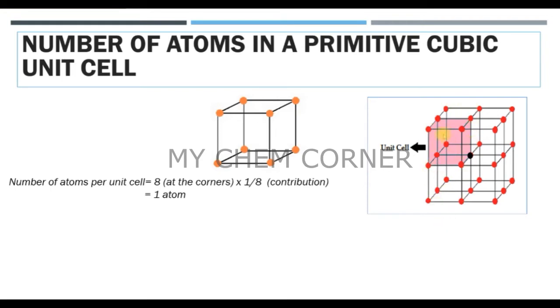So this way, 4 on one side and 4 behind it. So totally 8 unit cells this particular sphere is being shared with. That's why I'm writing 1 by 8. That is the contribution. Now when I simplify this, for a primitive unit cell, only one atom belongs to itself. The others all are shared.